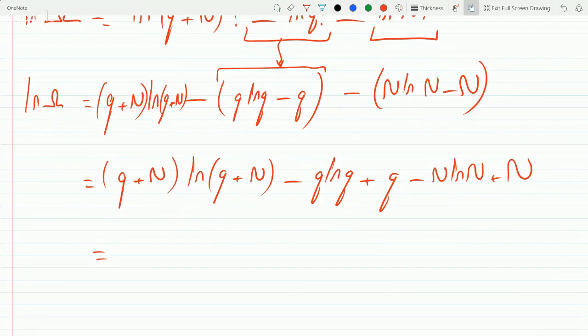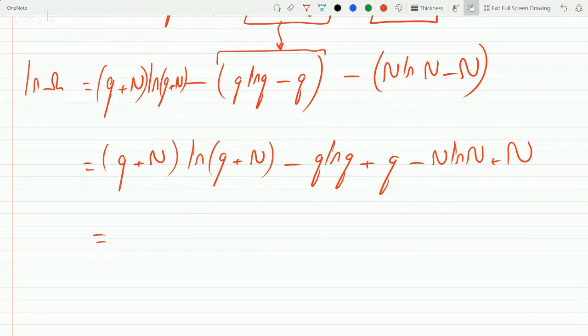And if you FOIL this out, you will get the q ln (q + N) terms.